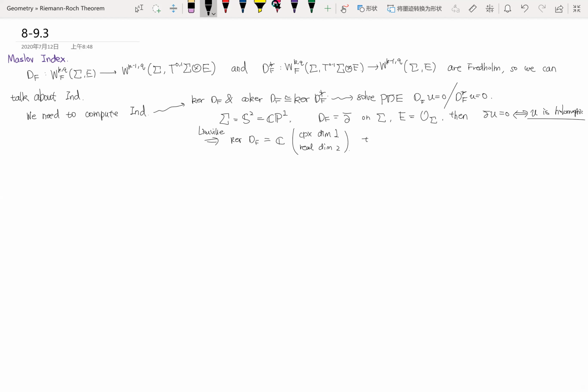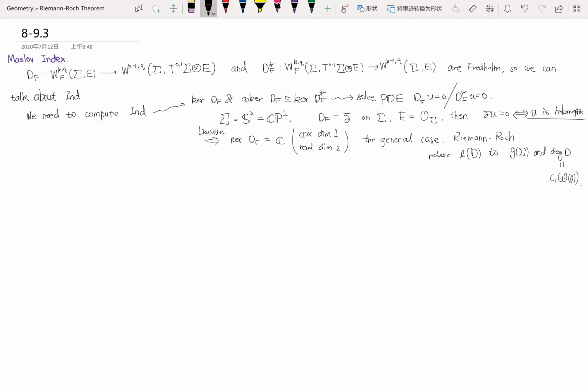In the general case, we should use the Riemann-Roch theorem. That is, we relate the space of all holomorphic sections of some line bundle L_D to the genus of the Riemann surface and the degree of the line bundle, which is the first Chern class of the corresponding line bundle.